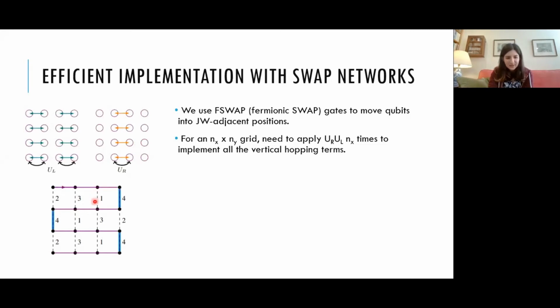Basically, these qubits here will end up at the end, and they get implemented first. So what this picture shows is which terms are implemented after, say, n times of applying UL. Any questions? Okay.